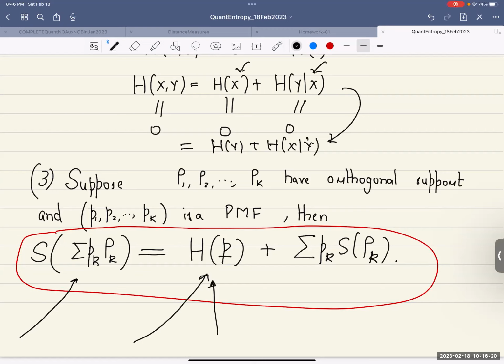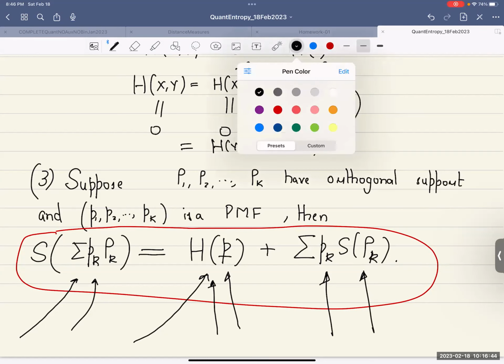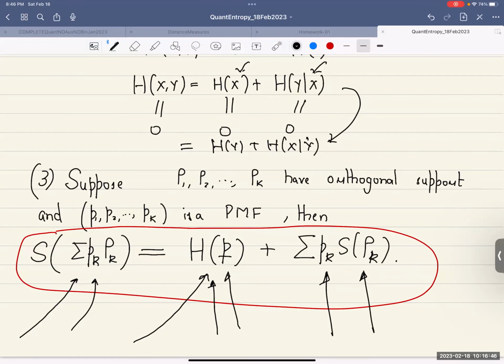For that you need so many classical Shannon bits, classical random bits, and then with probability pk, you have to tell me the von Neumann entropy of the density operator rho k. Okay, I will interpret this slightly better next time. I had a way to write this, but I'm not able to recollect that.